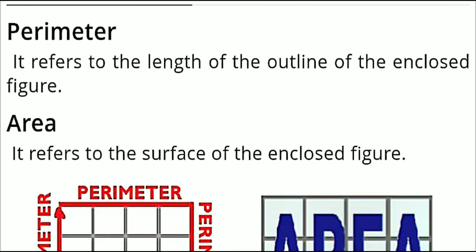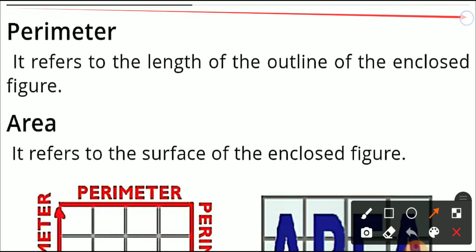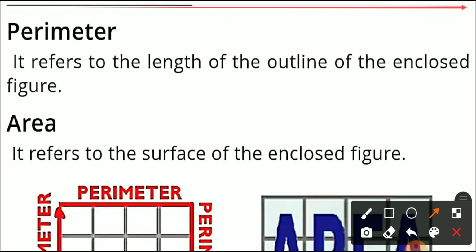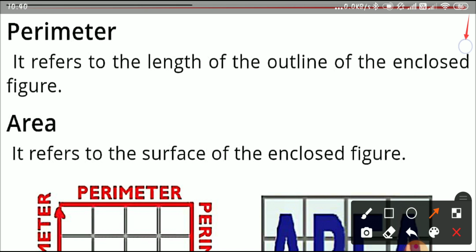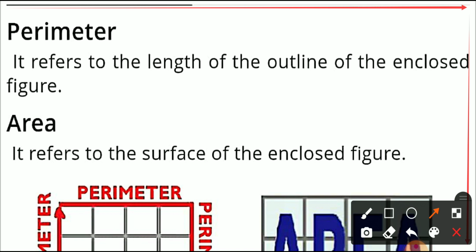First from this end you will go to this end, then from this end to this end, then from this end to this end, and from this end to this end. You will measure all these ends. Yes or no? Obviously yes. So that is known as perimeter.